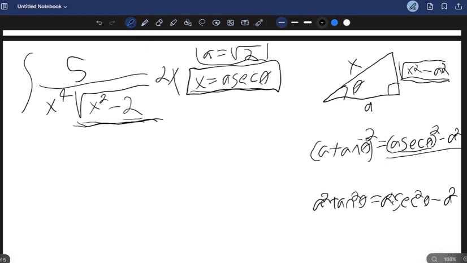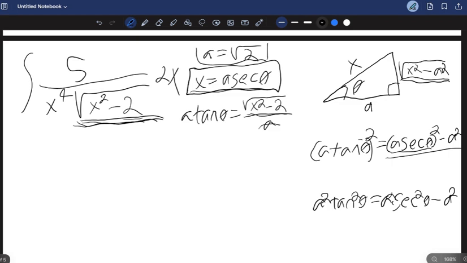So knowing that tan is my opposite over my adjacent, I know from this triangle tan theta is equal to the square root of x squared minus a squared, which is 2, over my adjacent, which is a. And if I want that radical just by itself, I just have to multiply by a. A tan theta. So at this point, I can swap this whole thing for a tan theta.